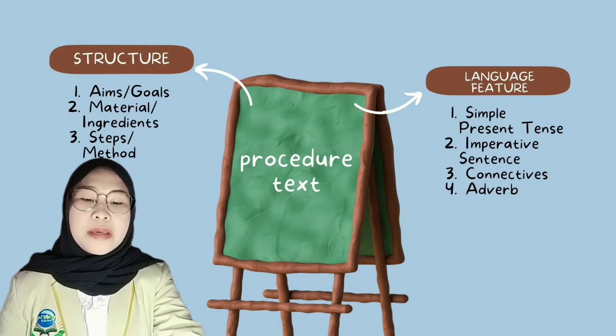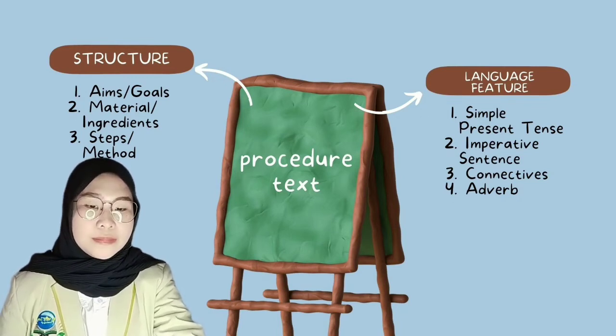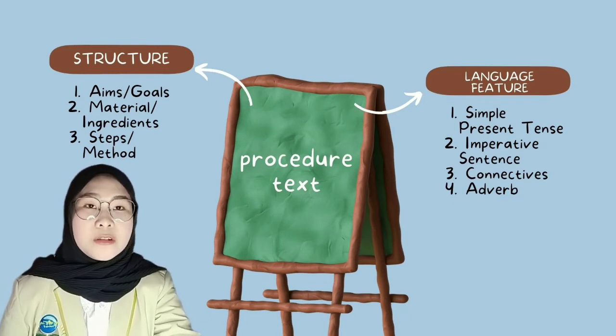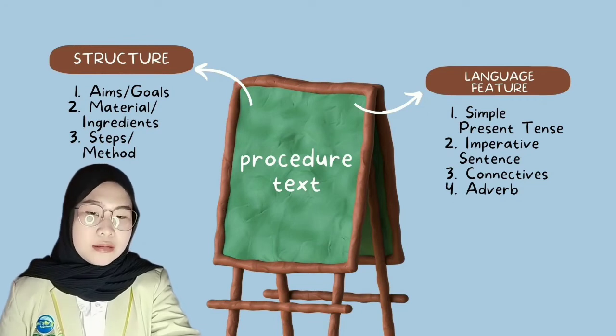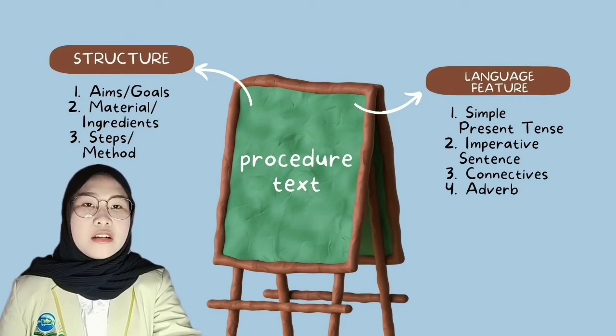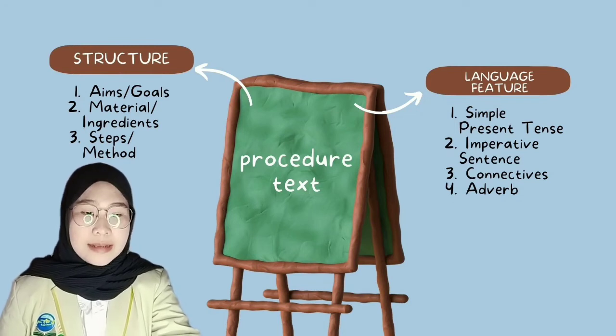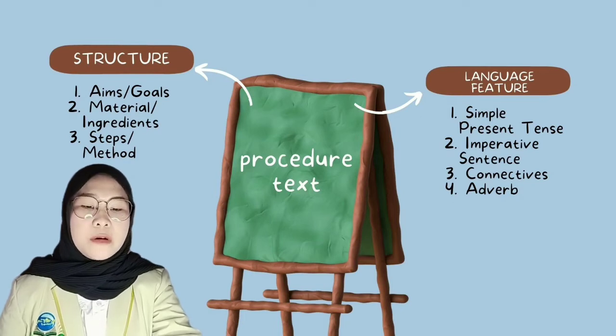For example, mix the banana slowly. From the explanation, procedure text is text that contains steps on how to use or make a product. Procedure text is also called instruction text. It can be written in the form of paragraphs or sentences written in a coherent manner to explain the steps.